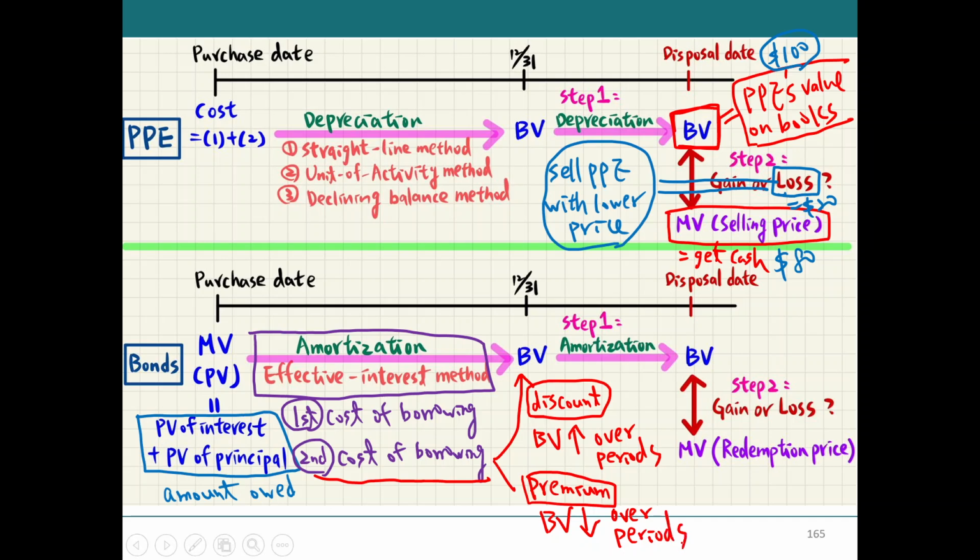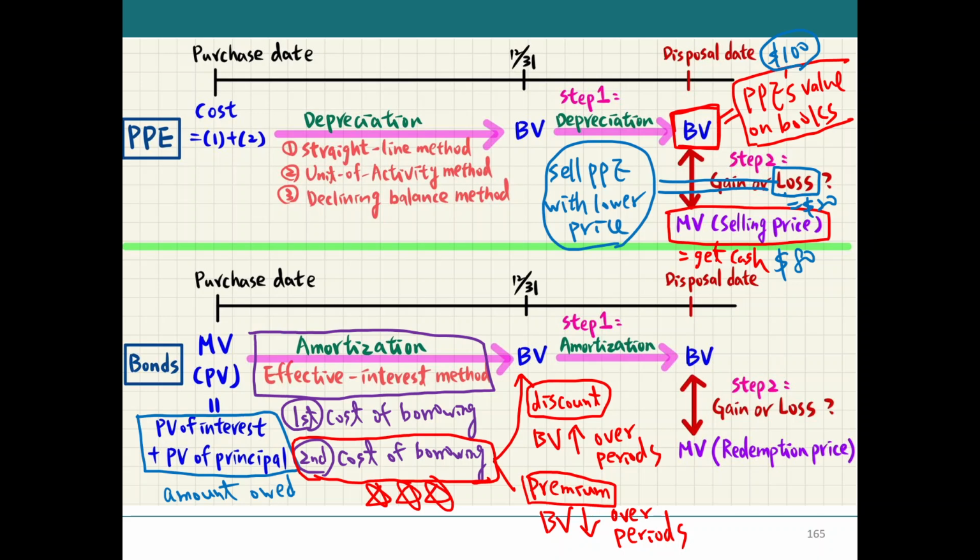Okay? So when you try to get your liabilities book value, you should focus on your second cost of borrowing will make your liability increase or decrease. Okay?